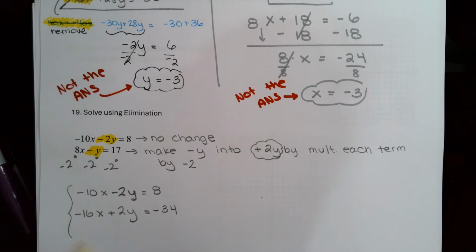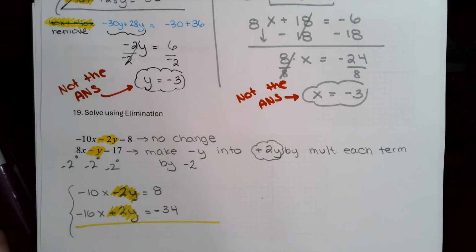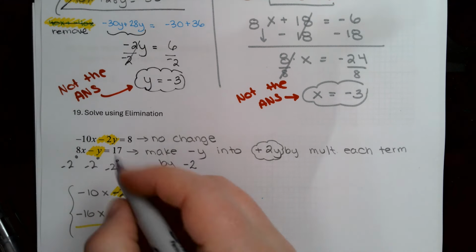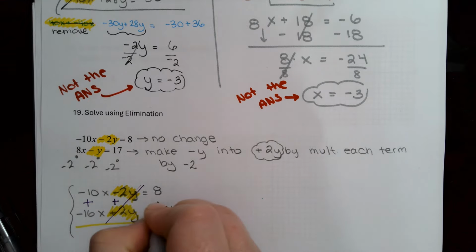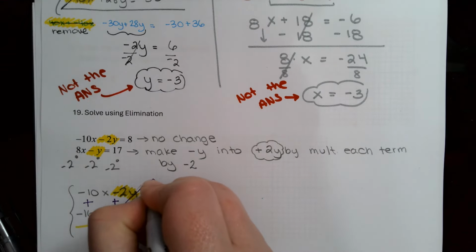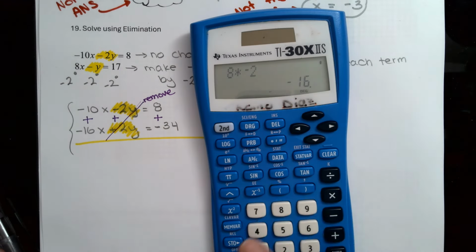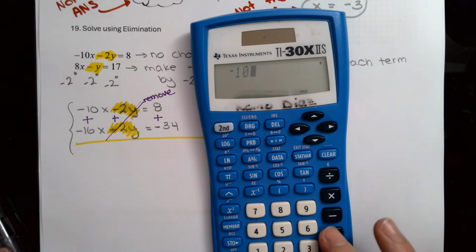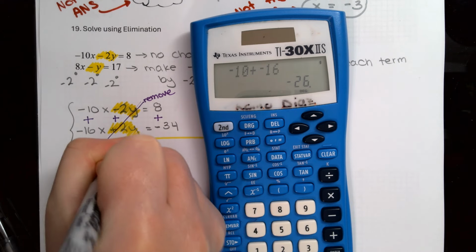Again, our task is to eliminate, remove. So we're going to eliminate, remove these two y's by adding vertically. Typing this into the calculator, we get -10 plus a -16, which gives us a -26x's.